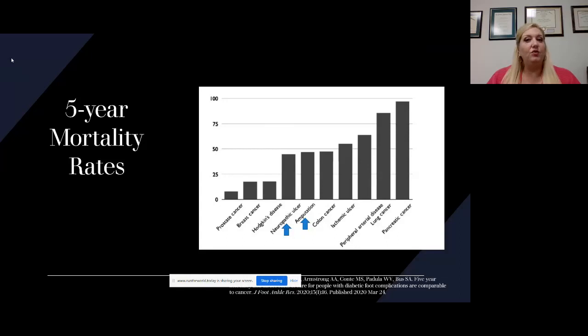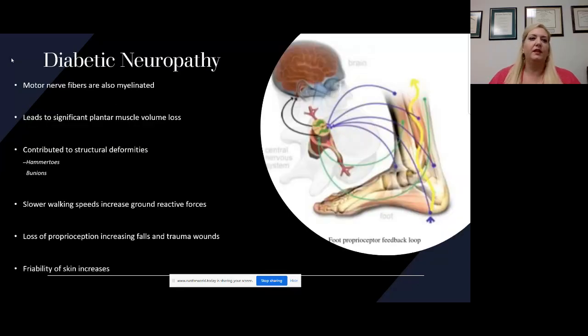So it's a huge deal. And I don't think it gets as much attention as it probably should. You don't see professional athletes wearing a certain color for diabetic foot ulcer prevention like they do with breast cancer. But maybe they probably should.